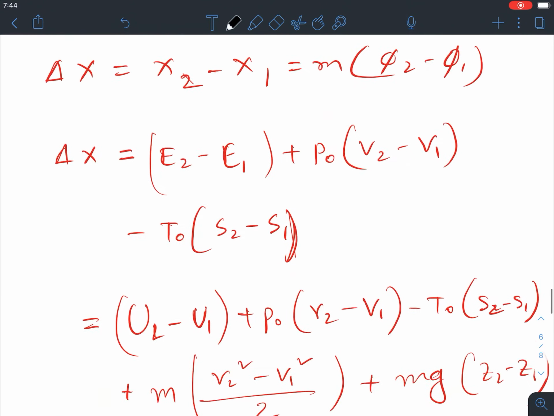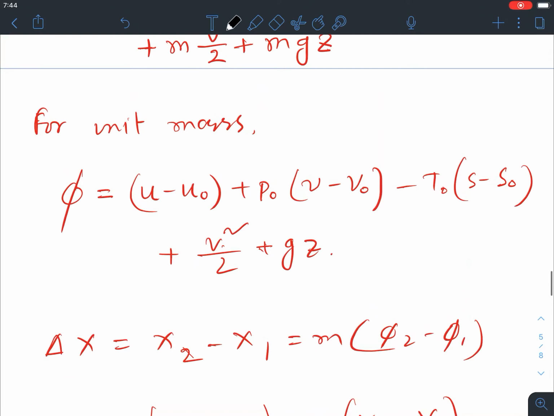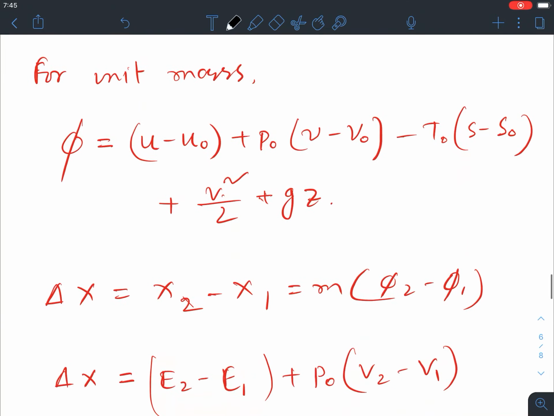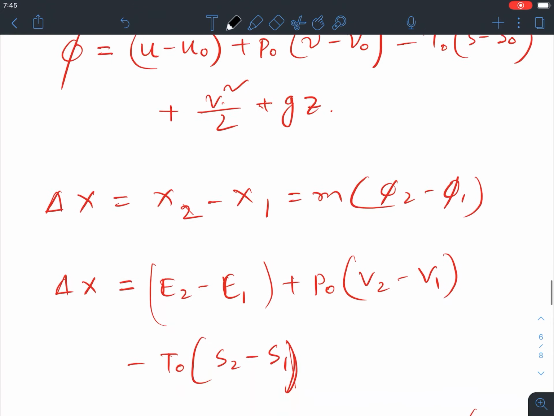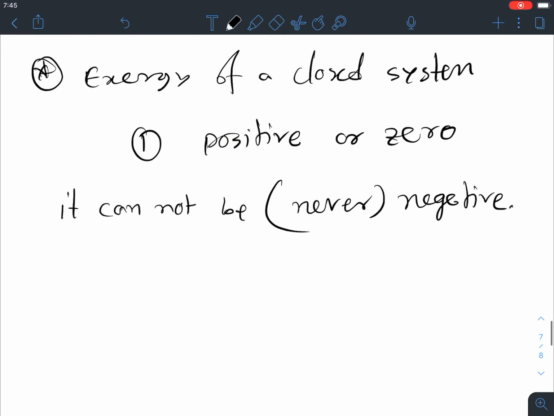So from this expression we can see that the exergy of a system could be zero or it could be a positive value, but there is no way that it will be negative, right? So this is a very important statement about exergy.